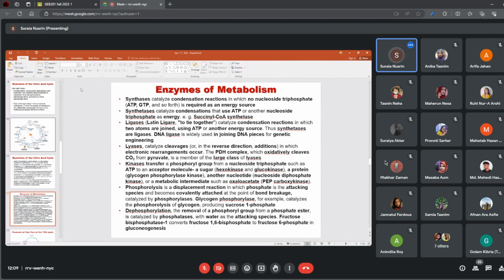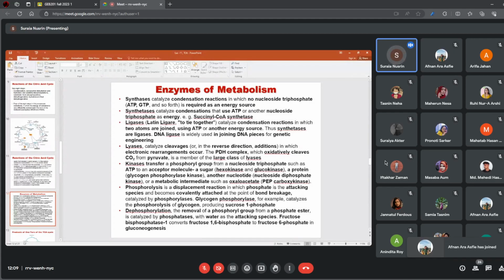Then comes the lyase. Lyase is actually just the opposite of the condensation reaction, because lyase catalyzes the cleavage reaction. And here that happens by electronic rearrangements.